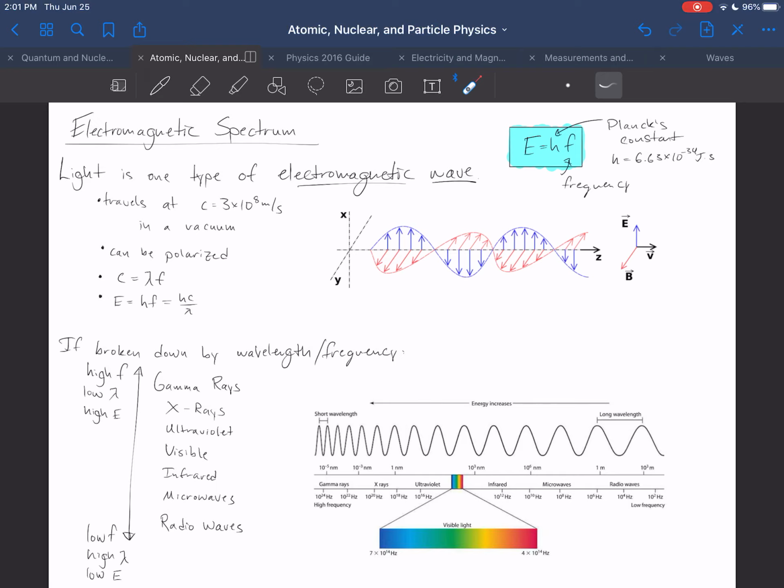That is, the energy of light and other electromagnetic waves is proportional to its frequency, not to its amplitude squared. The constant of proportionality, as proposed by Max Planck, is known as Planck's constant. h equals 6.63 times 10 to the negative 34 joule seconds. So this is joule seconds. I'm sorry for the handwriting.